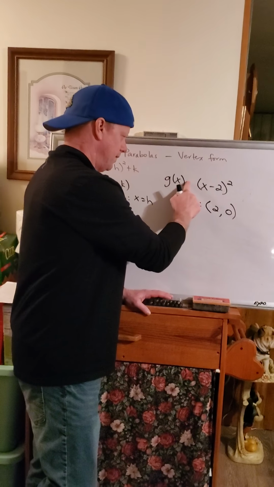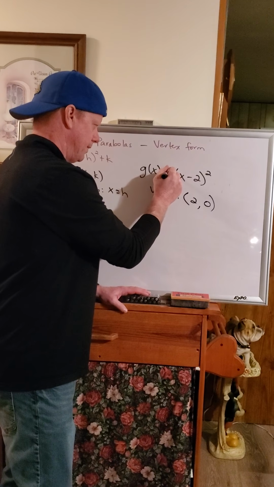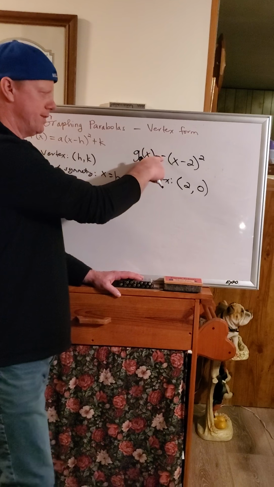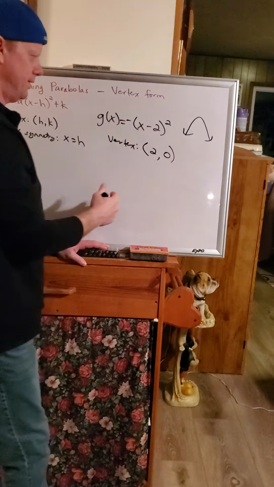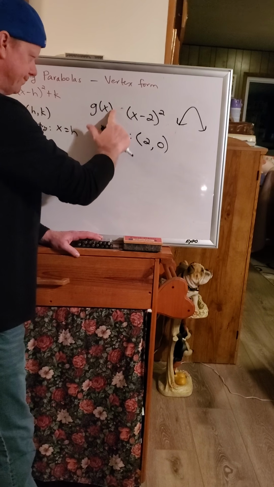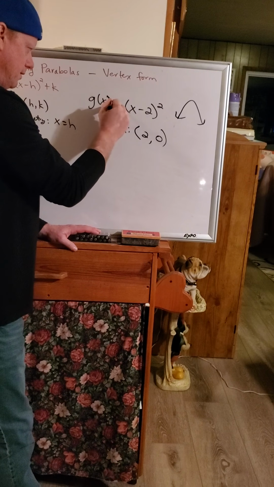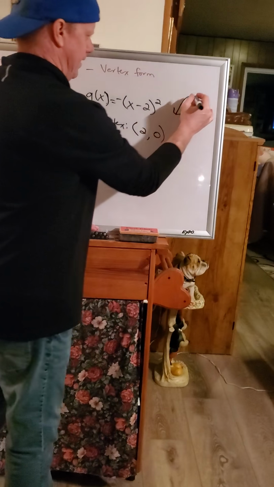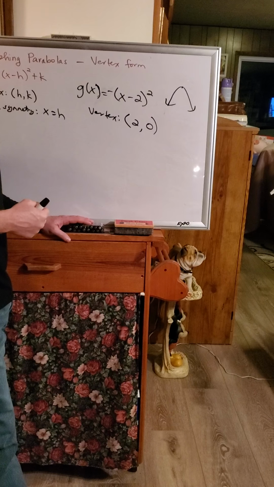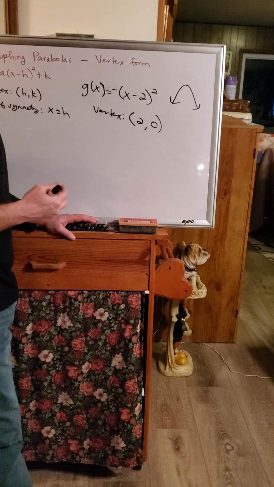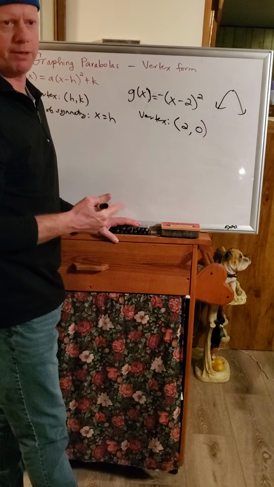And then, by the way, I wanted to throw a negative sign in front. If there's a negative in front of the quantity, that tells me that the parabola is going to open downward. And when the parabola has a negative sign, it opens downward, and if that's the case, the vertex is going to be the highest point, and it's going to be a maximum, not a minimum.